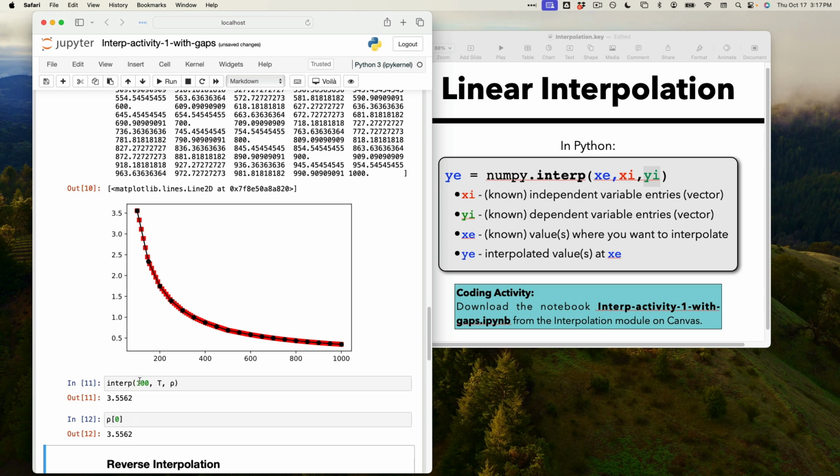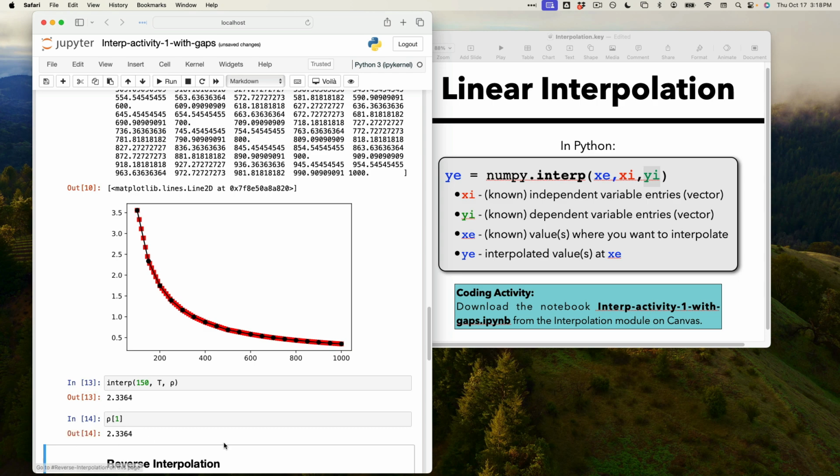What is the second data point? 150. So that's going to be the second data point. Look at that. It's the same exact value. Because it's built that way. It has to go through the input data. So when you ask it to give you a value at the input data, it's going to give you the input data.